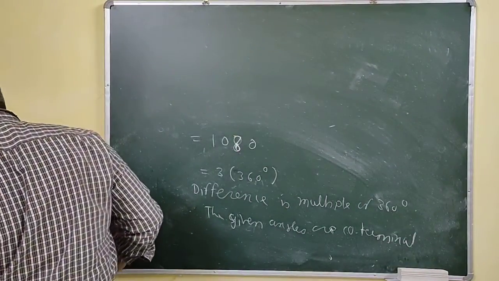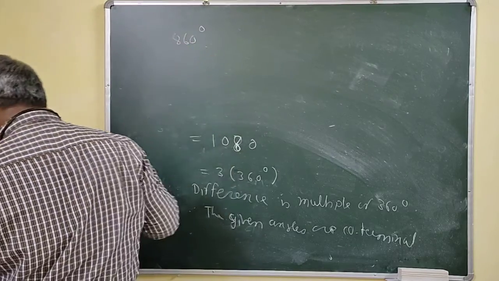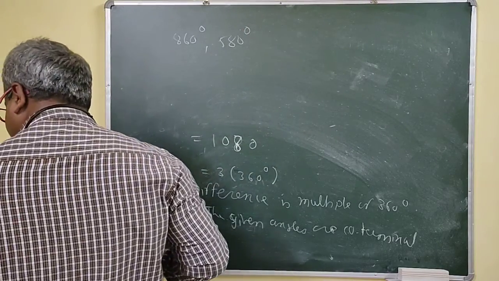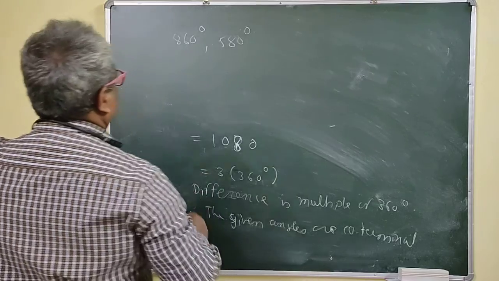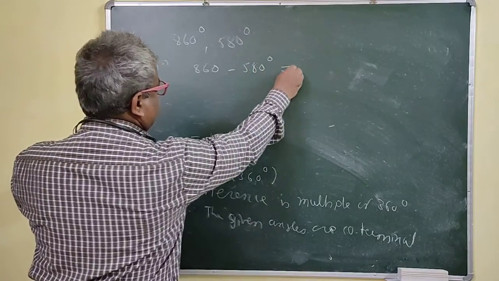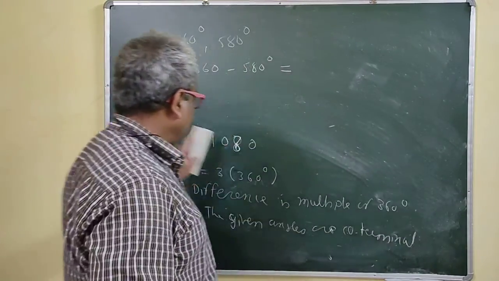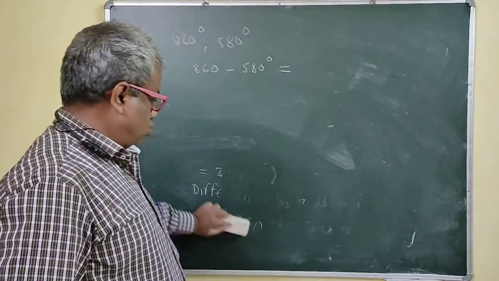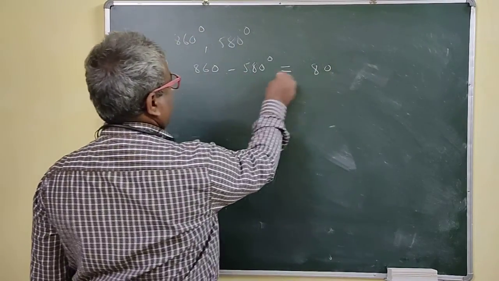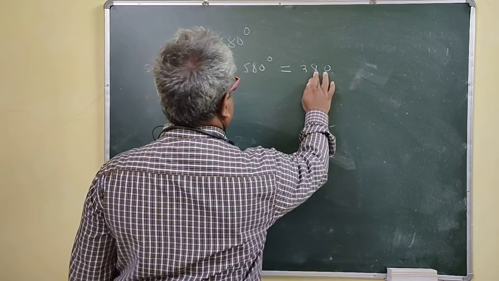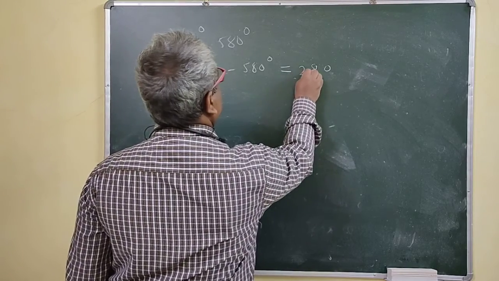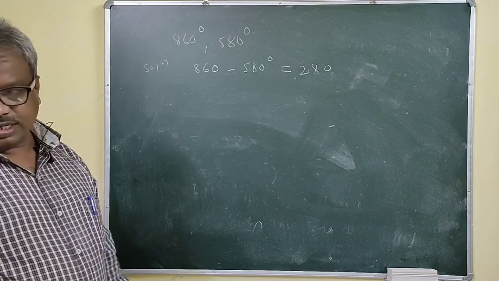Now next pair, 860 degree, 580 degree. So solution, 860 degree minus 580 degree is equal to 280 degree, right?